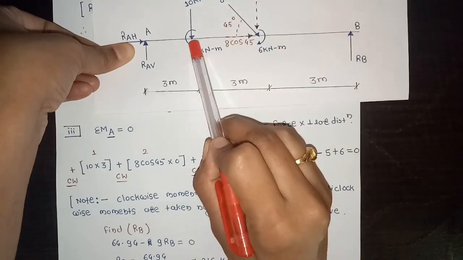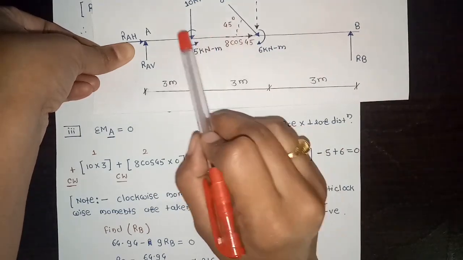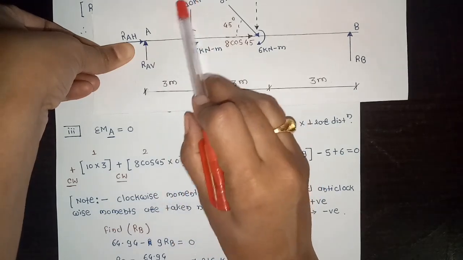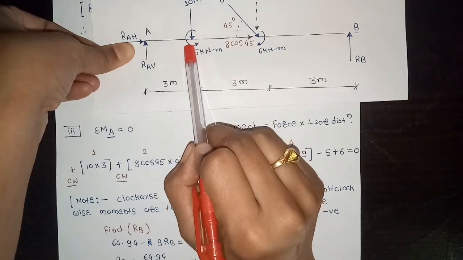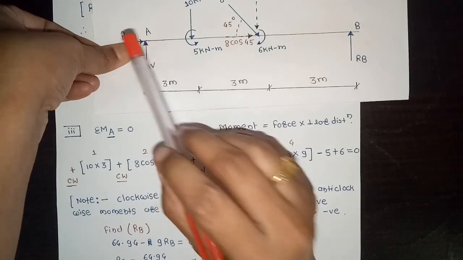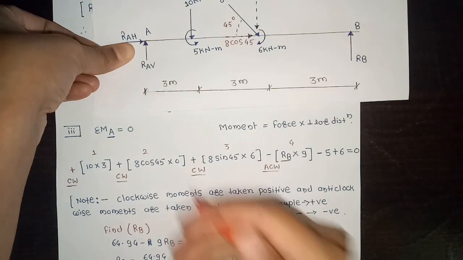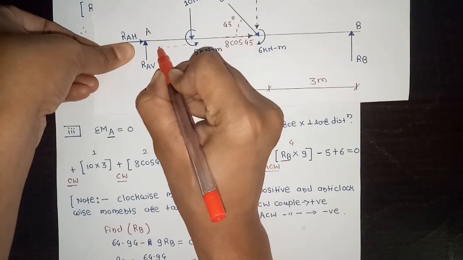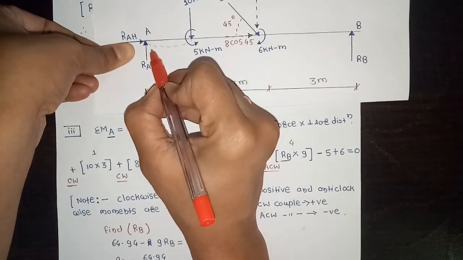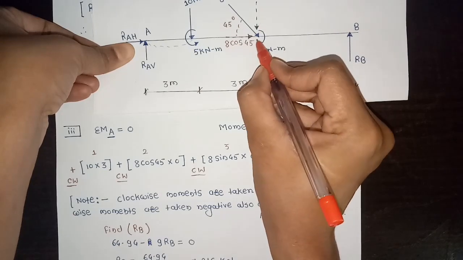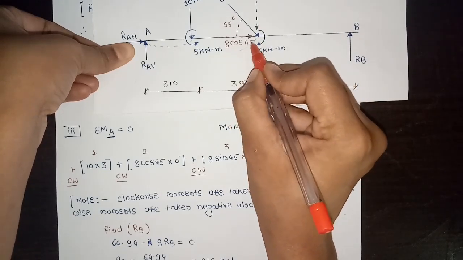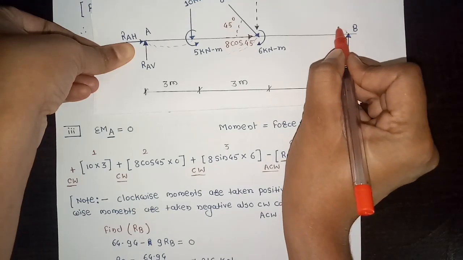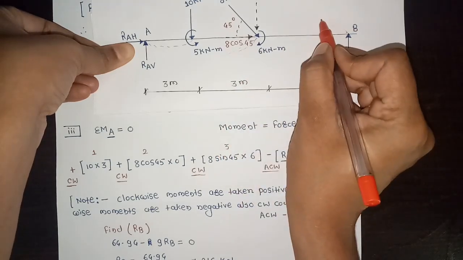First of all, decide the directions, either clockwise or anti-clockwise. So the 10 kilonewton force is rotating clockwise about point A, then 8 sin 45 clockwise, 8 cos 45 clockwise, and RB is anti-clockwise.